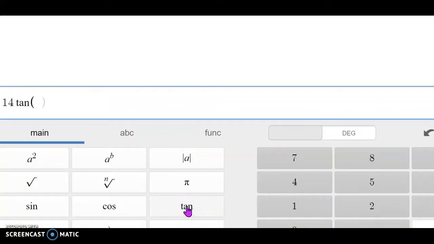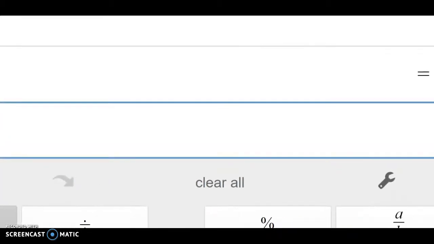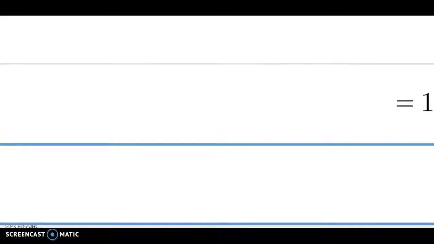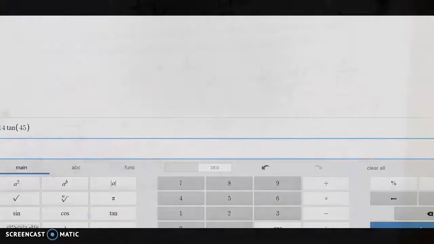If I don't put a times symbol and I just put 14 and tangent next to each other, that means times. Tangent 45, I can hit enter. Oh, look at what I got. Well, you can't see it on the screen, but the answer is 14. Couldn't fit that on the screen.